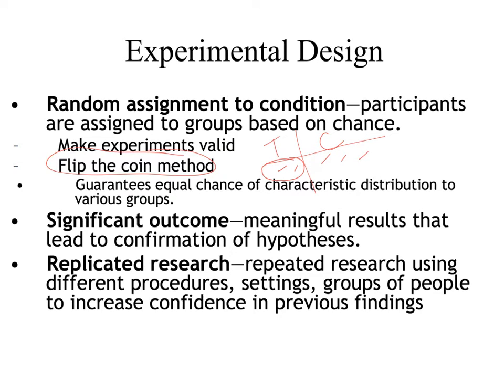If at the end the results show that those students in the treatment or experimental condition scored higher than those in the control group, then we would say we had a significant outcome, meaning that it looks as though the lighting has an impact on our test scores.